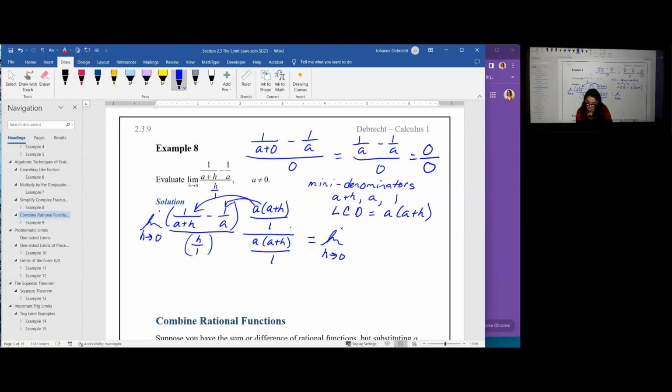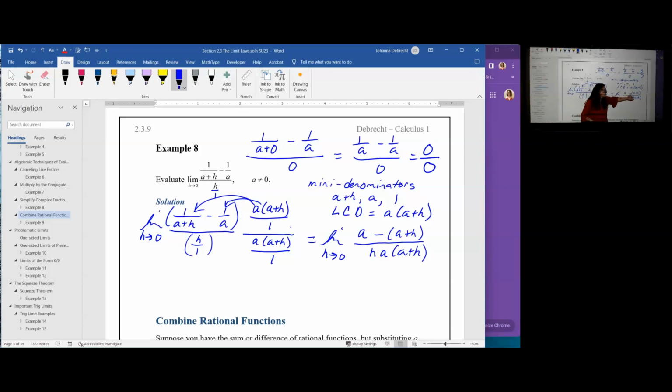So I get a times a plus h times 1 over a plus h, which just gives me a. Then I have minus, and then the a's cancel on the second distribution, and I get a plus h, all divided by h times a plus h. I don't want to multiply out the denominator. I just want to get rid of the complex part.